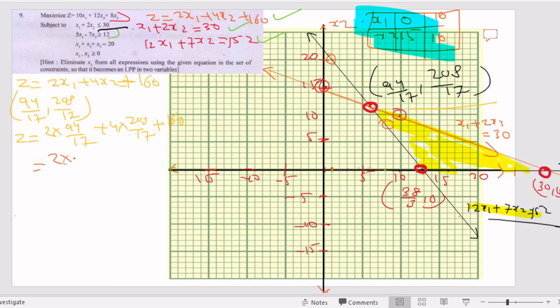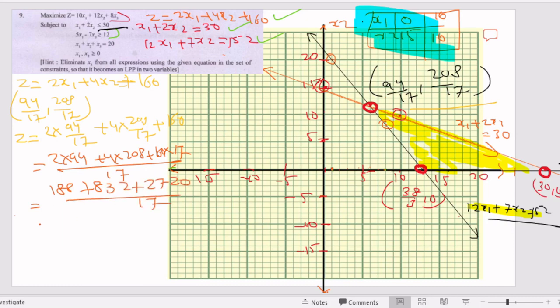So it will be 2 into 94, plus 4 into 208, plus 160 into 17, divided by 17. 2 into 94 is 188, this will be 832, plus this will be 2720, divided by 17. After adding, we get 3740 divided by 17. After dividing, 220. So at this point, we have solution 220.